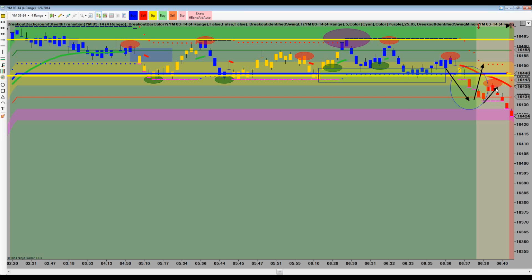This is your retracement. It rolled over and broke support. That's exactly what it did. So it did what we wanted it to do.